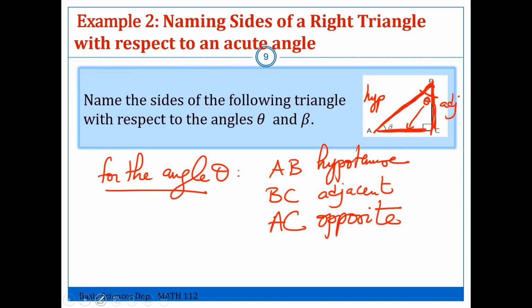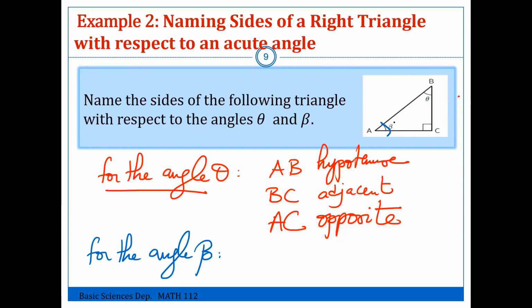إذا نغير الزاوية for the angle beta. This is the angle beta, but we have still three sides. What do we call AB for this angle? The same.